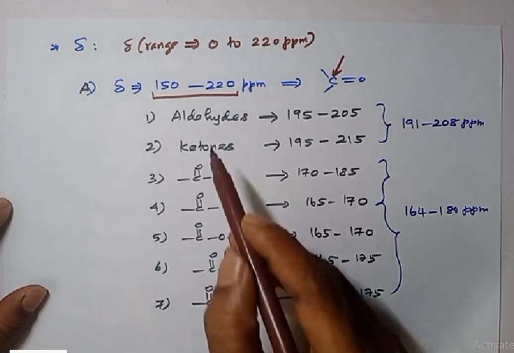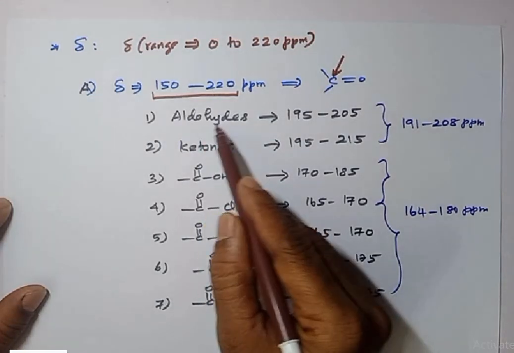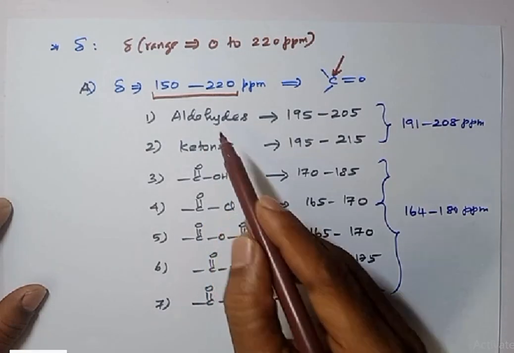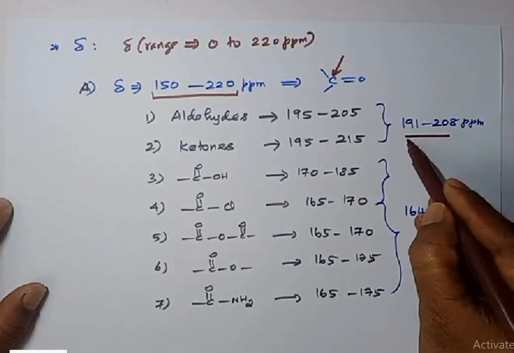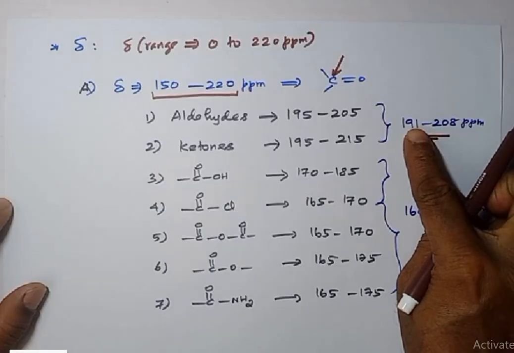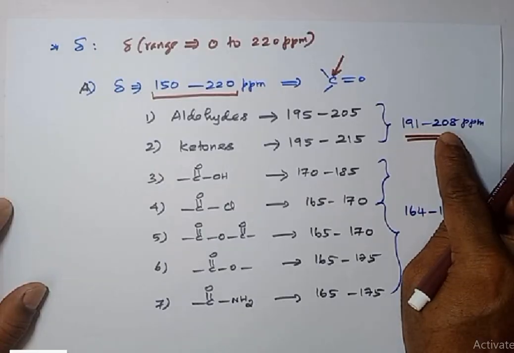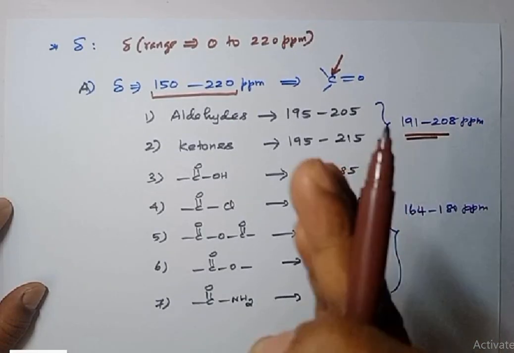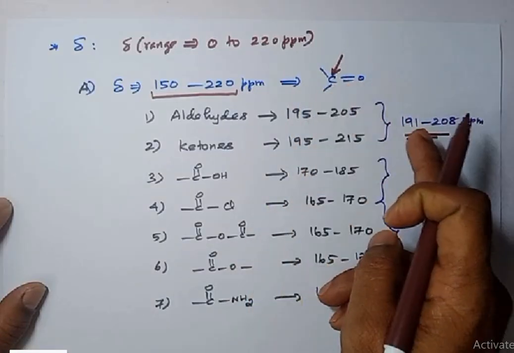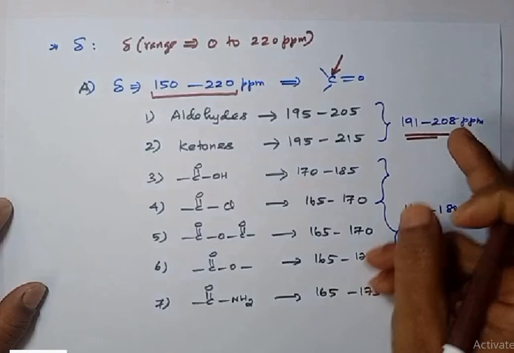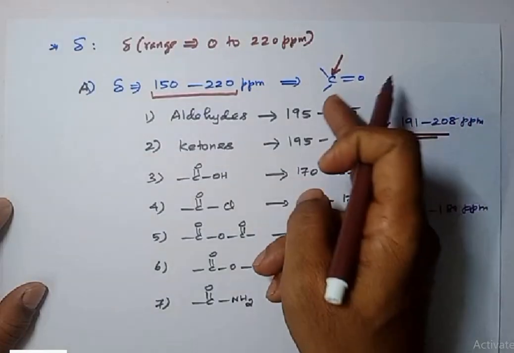Now listen, aldehydes and ketones appear from 191 to 208. Observe carefully. If you get a signal between 191 to 208, it should be either aldehyde or ketone.